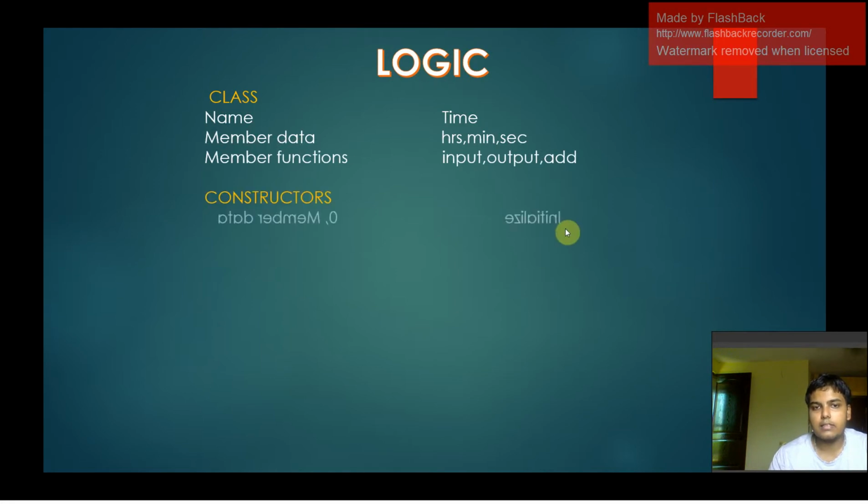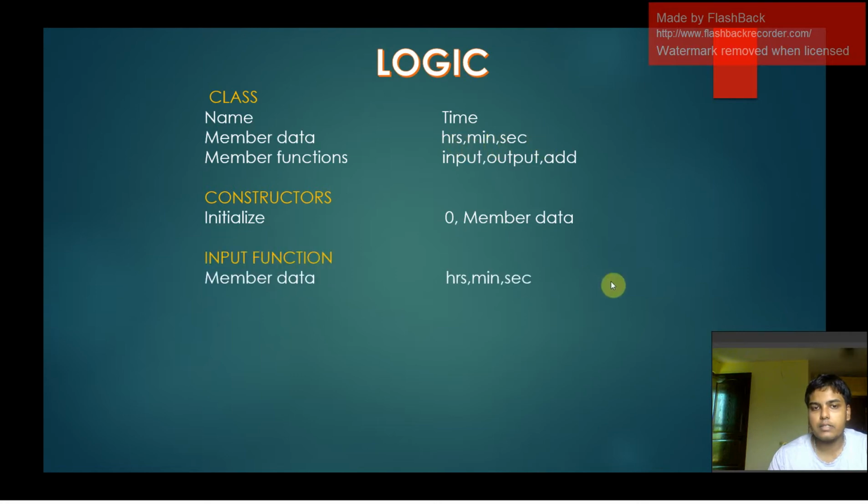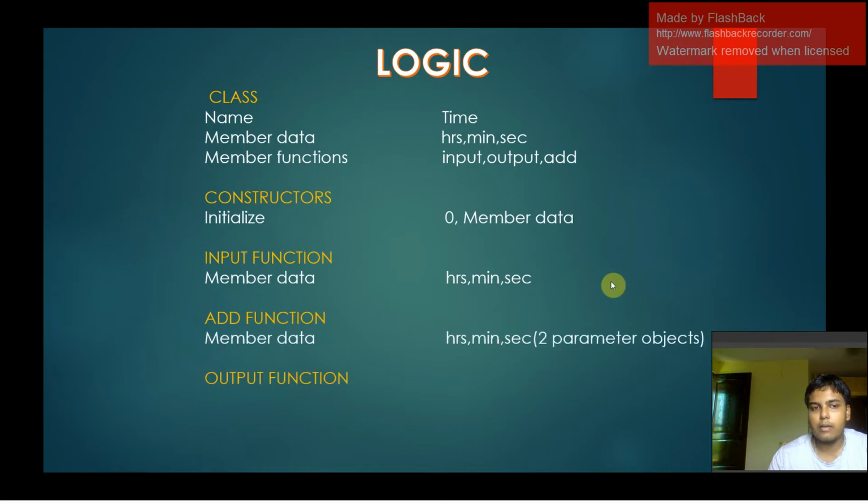Then constructors: initially I will set everything to 0, and another constructor for having hours, minutes and seconds as h, m and s. Then input functions, the same way, for all those data, and then I should be able to add, and later output my data. In this add function alone, we use two parameter objects, because this is like passing an object.